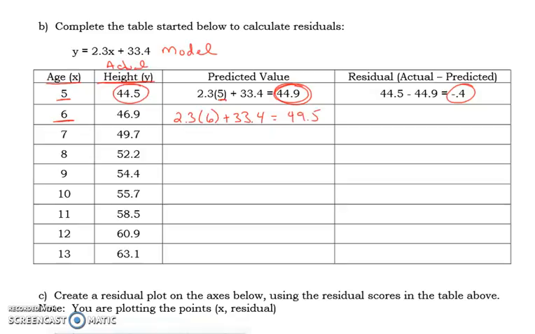Now, to get the residual, I take the actual y value, 46.9, and I subtract the predicted, which I calculated to be 49.5, and I get the residual of 0.2. So now pause the video. Fill in the rest of the table, both for all the predicted y values and for the residuals, showing all your work, and then we'll come back and take a look at a graph of the residual plot.